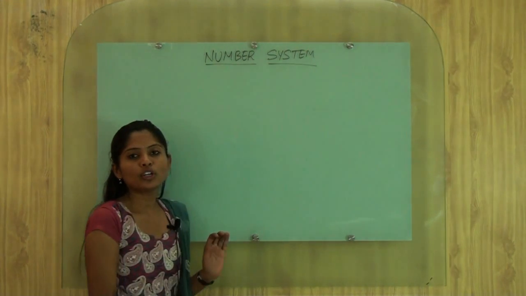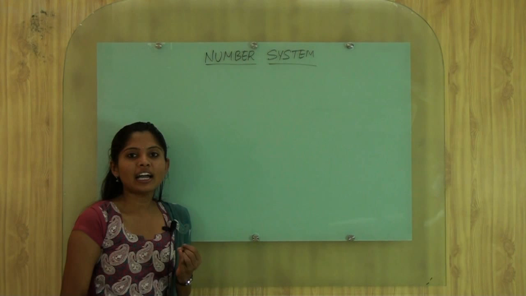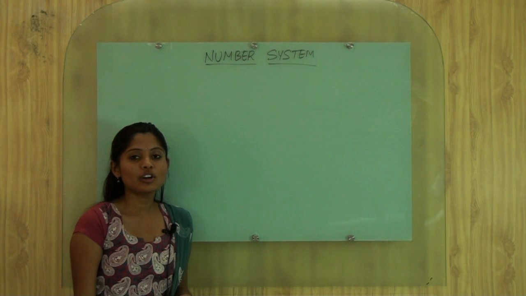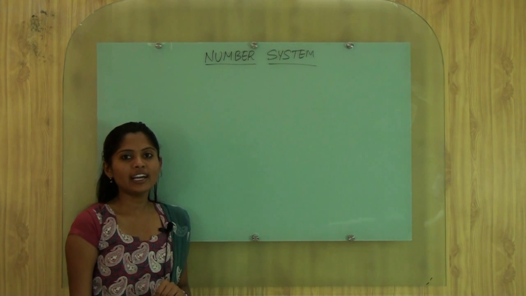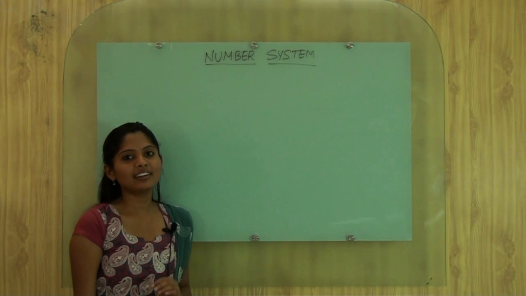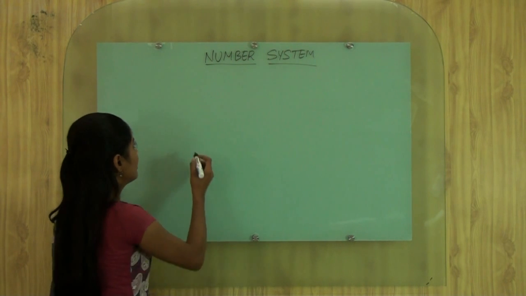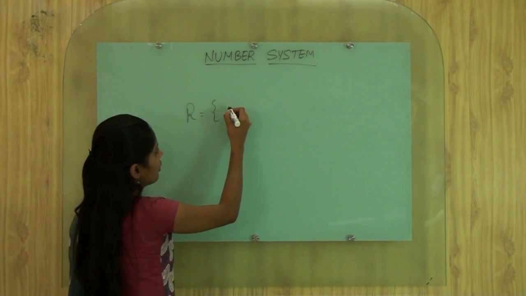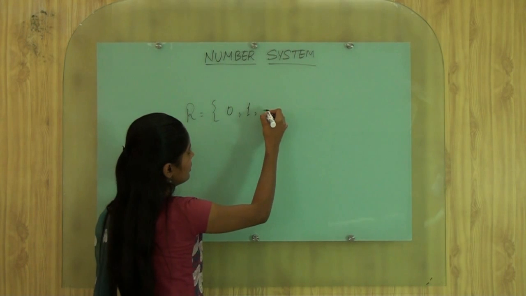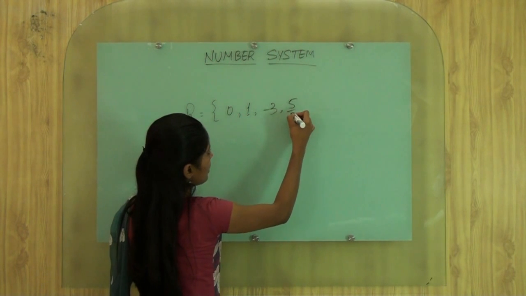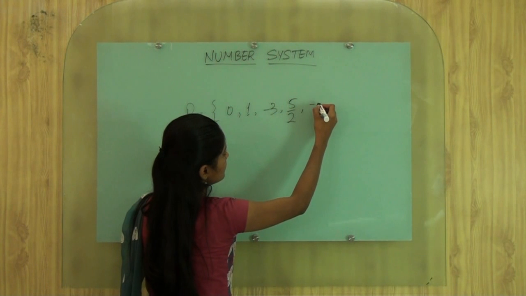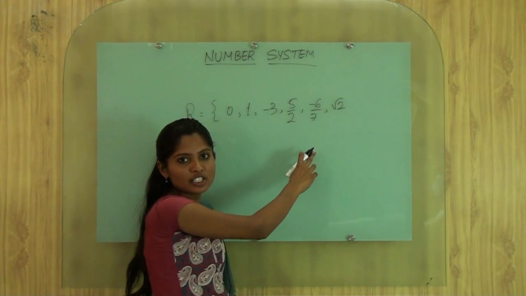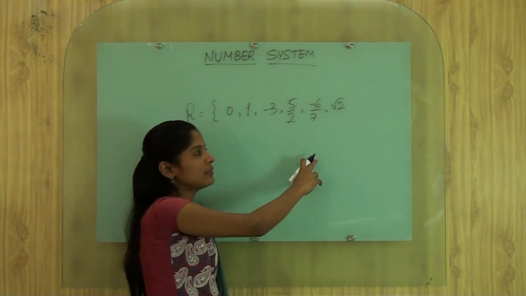Now we'll see what real numbers are. You have seen natural numbers, whole numbers, then integers, then rational numbers. All together, including the irrational numbers, are called real numbers. Real numbers are 0, 1, minus 3, 5 by 2, minus 6 by 7, root 2. This is an irrational number. We'll see what an irrational number is later.